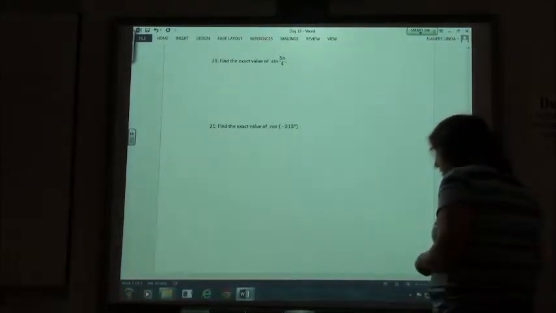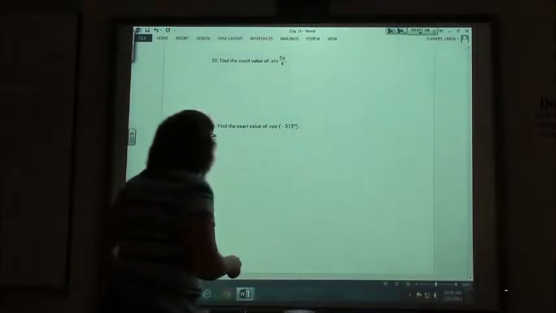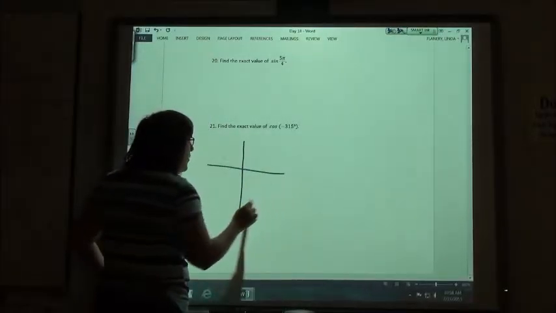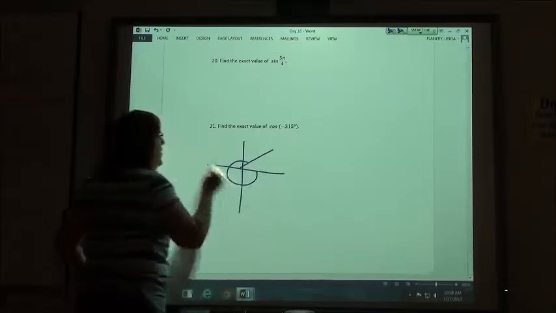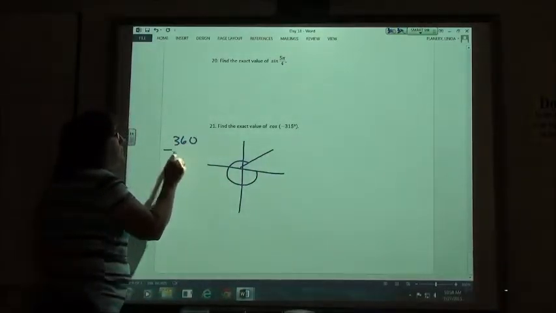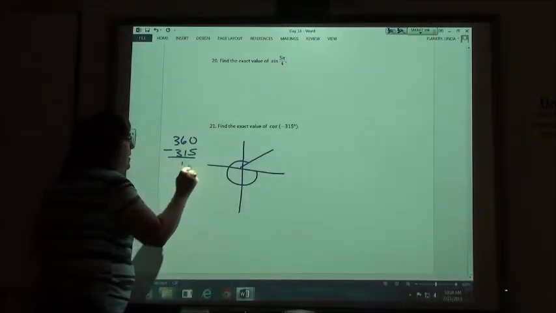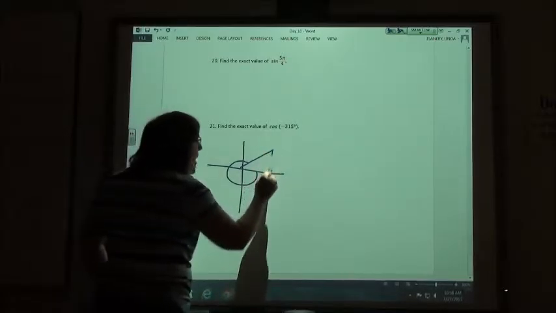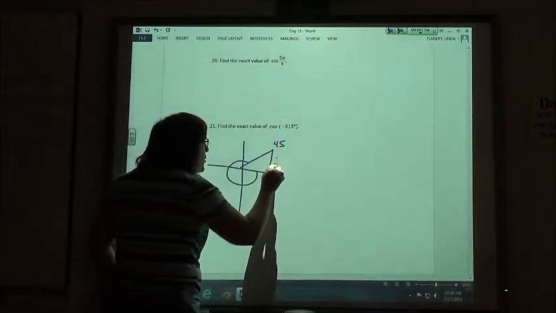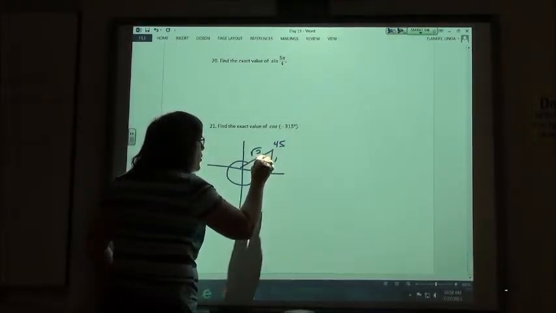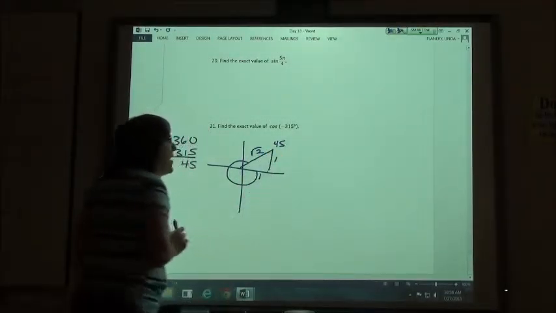Number 21, they gave it to us in degrees, but it's a negative degrees, so negative 315 degrees means you're going backwards. If I take 360 and subtract 315, that gives me a 45 degree angle. So again, we've got that 45, 45, 90. So 1, 1 and the square root of 2, that's positive, that's positive.